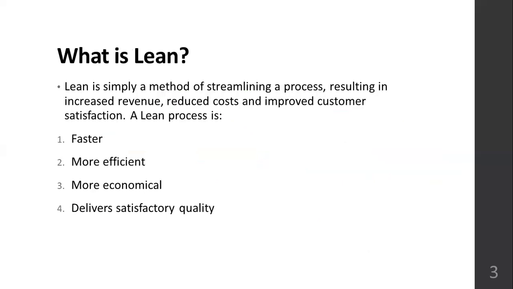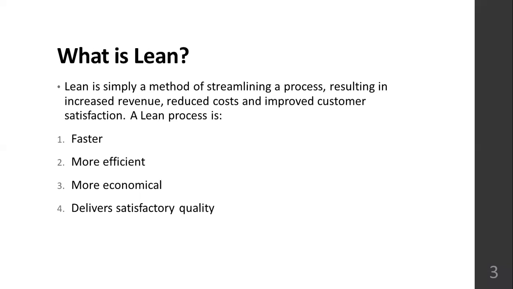So what is lean? Lean is simply a method of streamlining the process. What do you mean by streamlining? Remove every waste. Anything and everything that you consider as waste. What is a waste? Something that you do that does not have any value. It does not add any value to your system or your procedure for your organization.